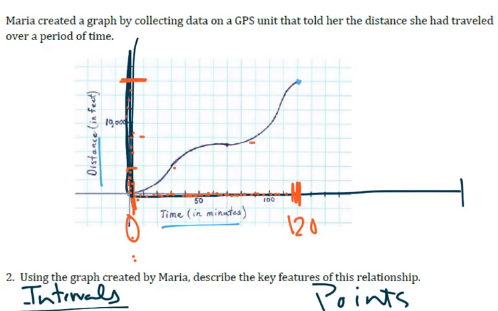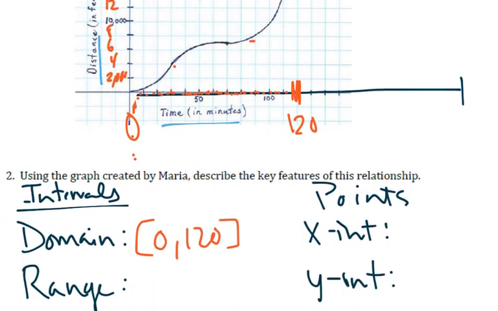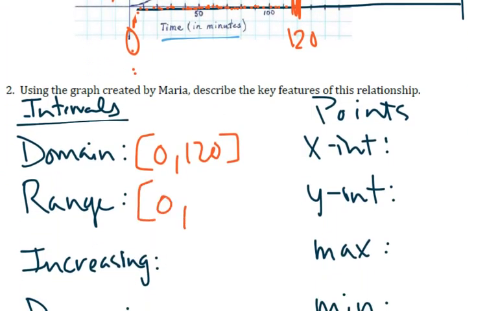So we go clear up to right here, which is, what is that? 1, 2, 3, 4, 5, so it's going by every 2,000: 2,000, 4,000, 6,000, 8,000, 10, 12, 14, 16,000. So 16,000 feet. So from 0 feet to 16,000 feet is our range.